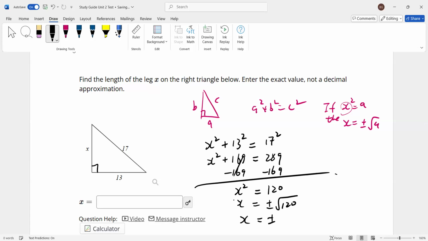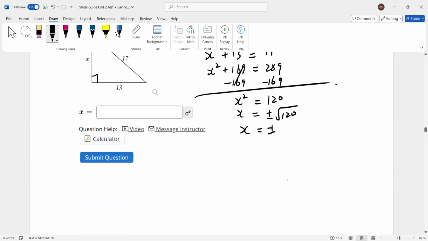Plus or minus, okay, we need to simplify root 120. It probably is simplifiable. 120, we can do 2, right? Then we have a 60 here. Root 2, and root 60 can be done with another 2, right? And root 30. Root 30. And then we can bring this down.